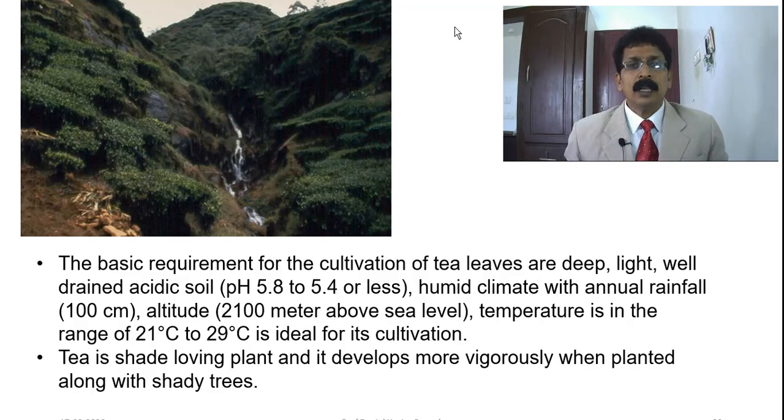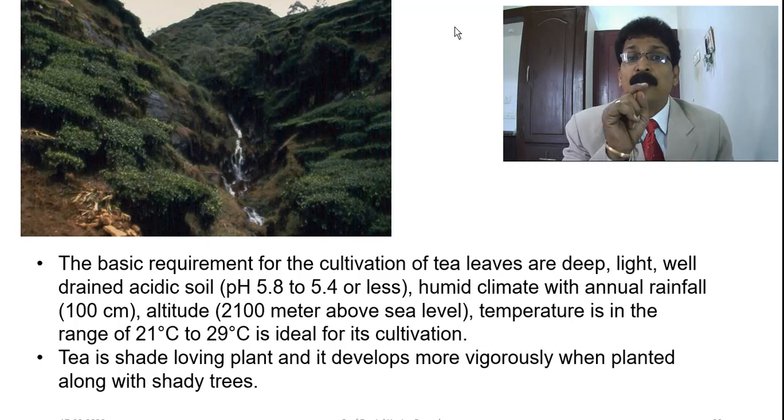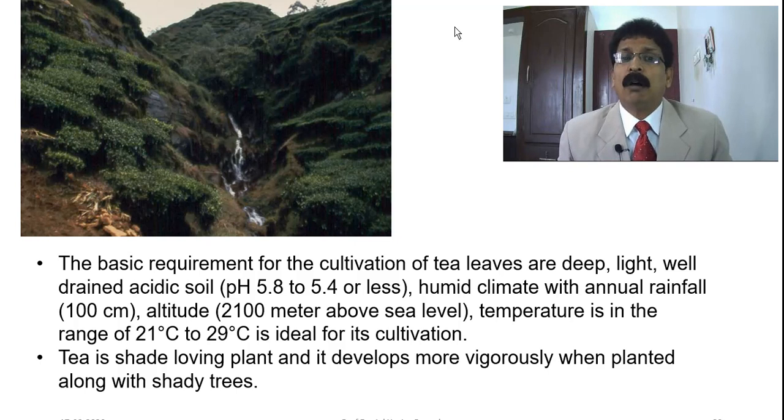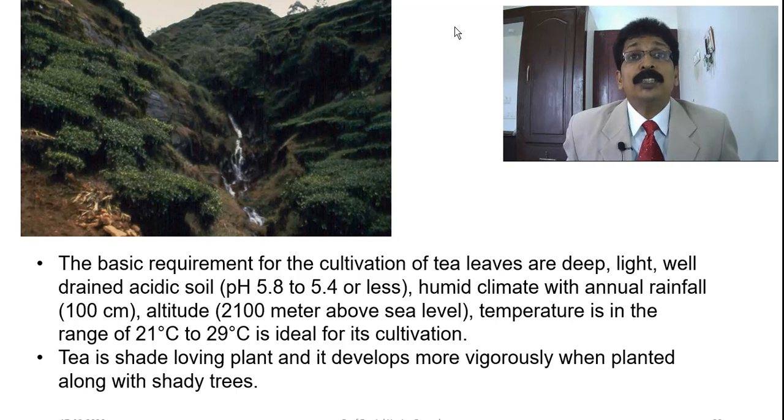The basic requirements for the cultivation of tea leaves are deep, light, well-drained, acidic soil, pH 5.8 to 5.4 or less, humid climate with annual rainfall 100 centimeter, altitude 2100 meters above sea level. Temperature in the range of 21 degrees centigrade to 21.9 degrees centigrade is ideal for its cultivation.